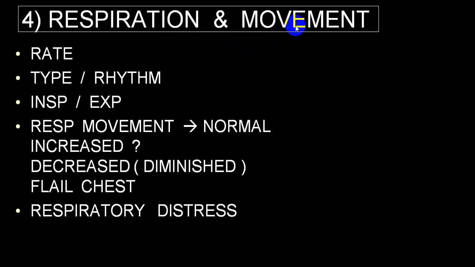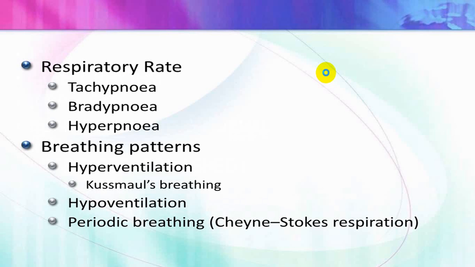respiration and movements. Yes, some of the things regarding rate, type of respiration and rhythm we have discussed in vital signs, that is temperature, pulse, blood pressure and respiration. So go through that at your leisure time.